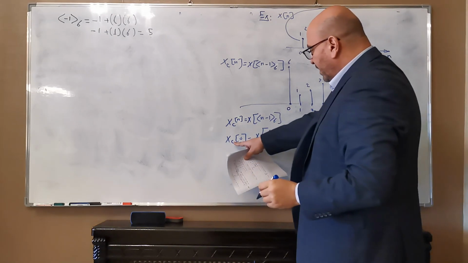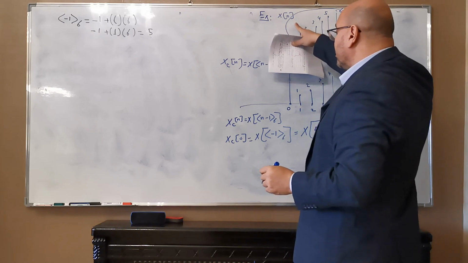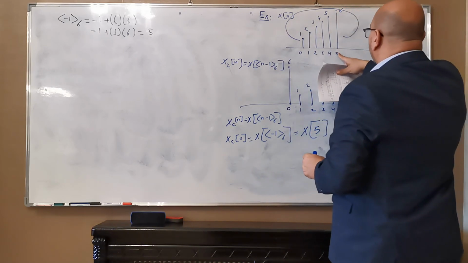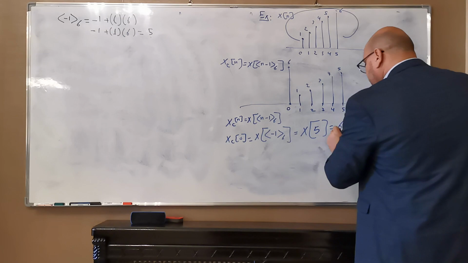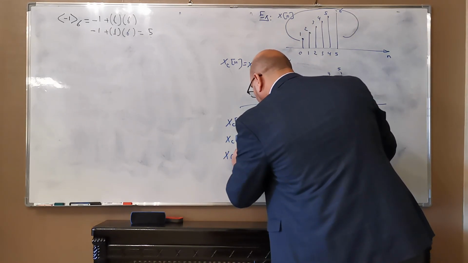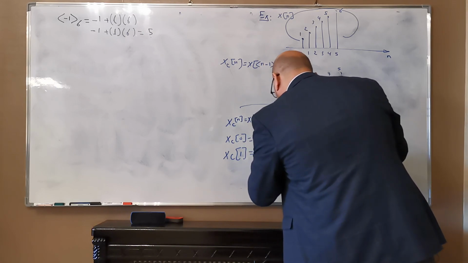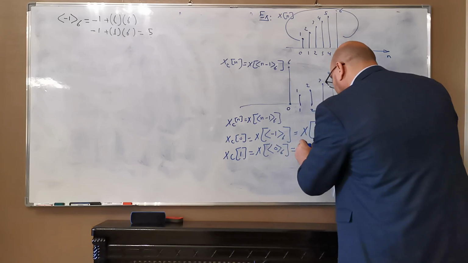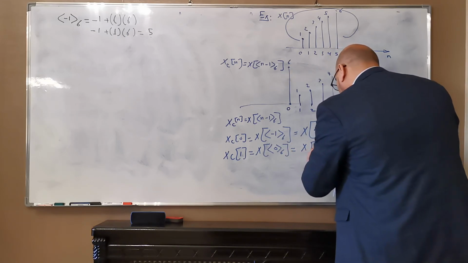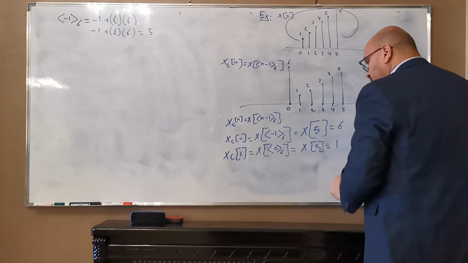So x circular shift of 0 is equal to the input x of 5, and x of 5 is equal to 6. xc of 1 is equal to x of 0 modulo 6, and this is equal to x of 0, which is equal to 1. Okay.